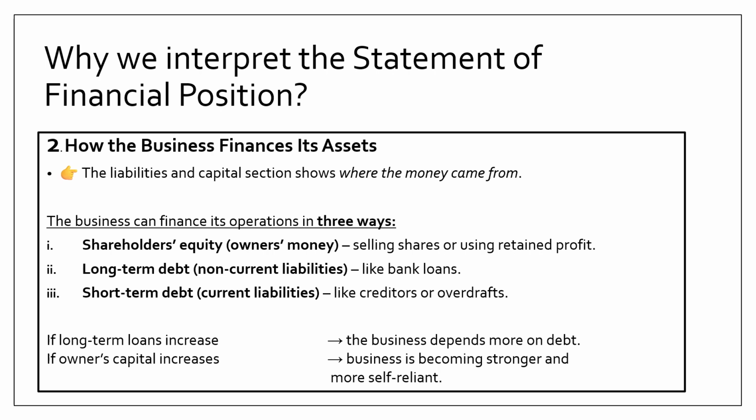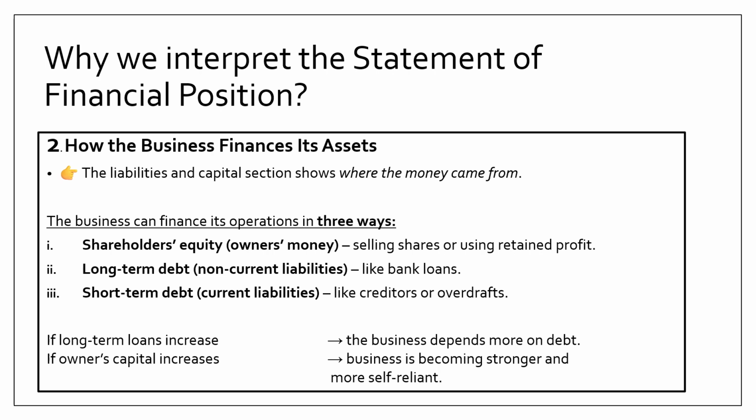Number two, it shows how the business finances its assets. The liabilities and capital section shows where the money came from. The business can finance its operations in three ways. Number one, shareholders' equity, otherwise called the owner's money, which you get by selling shares or using retained profit.